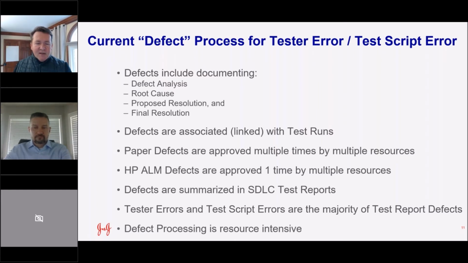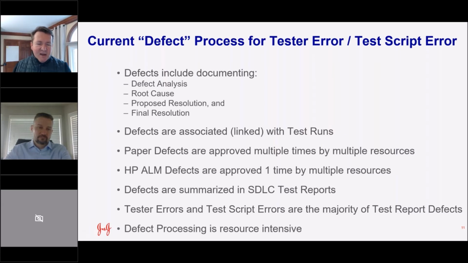Typically, we summarized all the defects as one of the deliverables in our SDLC, as part of test reports. Tester errors and test script errors were the majority of the test report defects. I do have some data in a subsequent slide.